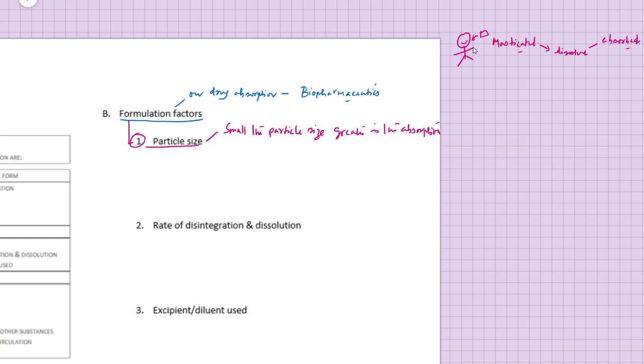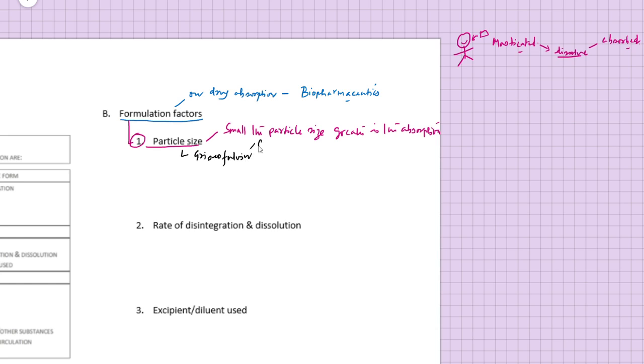So the idea being, before the dissolution step, you need the particles to be broken down. So if you have got particles which are smaller in size, then the absorption would be greater. Okay. So this idea is utilized for the formulation of drugs like griseofulvin.